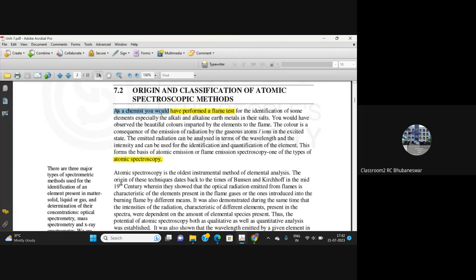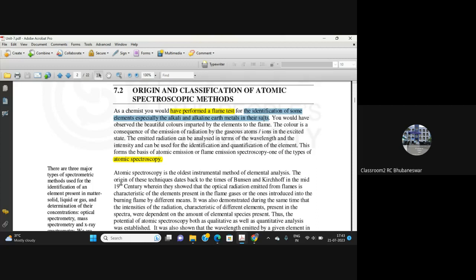As a chemist, you would have performed this flame test in your laboratories during graduation time, maybe even during plus two, for the identification of some elements, especially your alkali and alkaline earth metals in their salts.